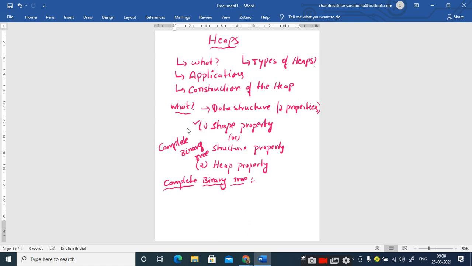Right. So a complete binary tree is a binary tree in which all the levels are full except the last level.